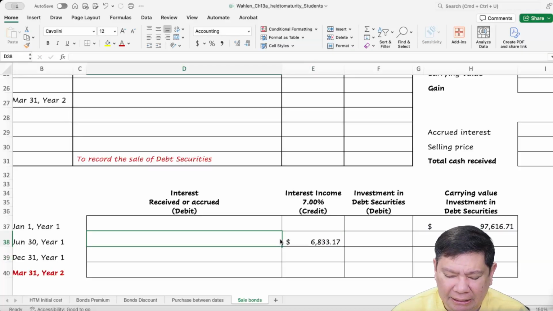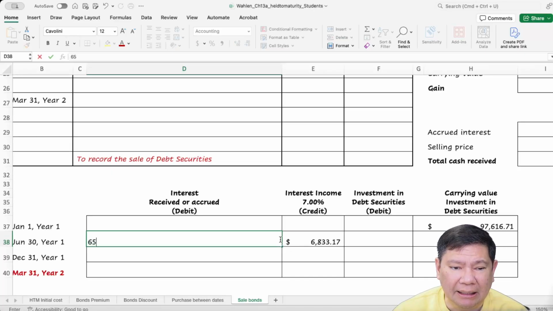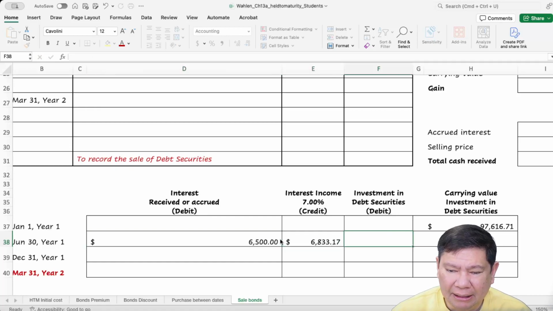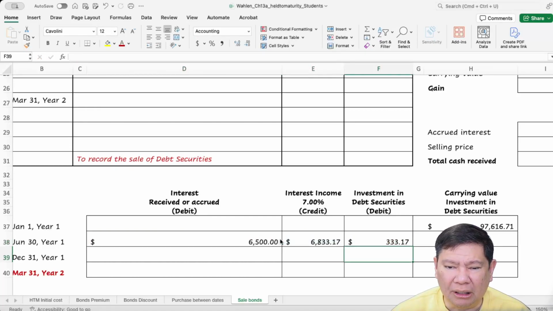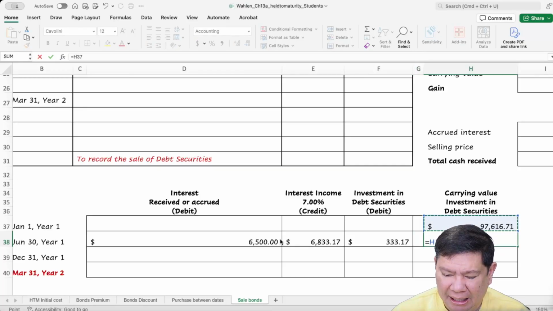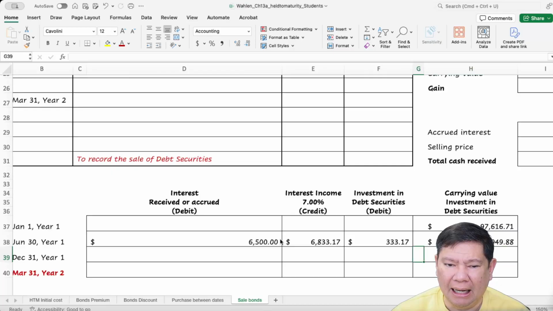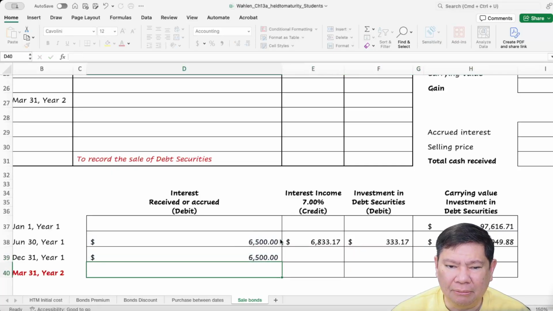The interest received in cash is 6,500. So the difference is the amortization of the discount as well as the increase in our investment. Okay, like that. So we can do it for the second 6 months.